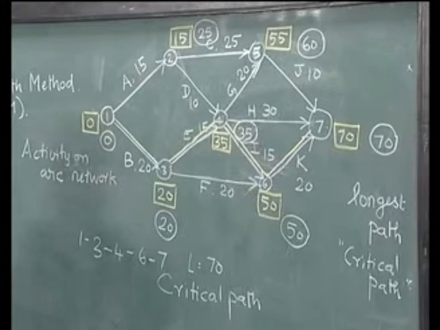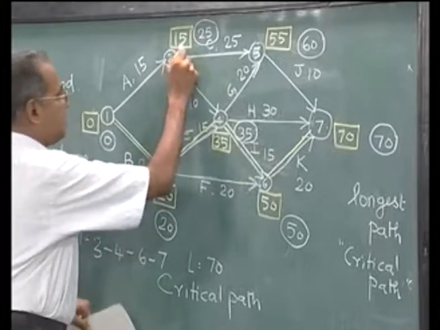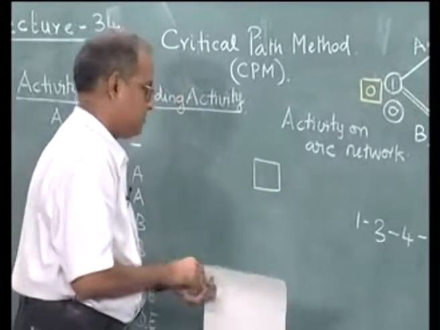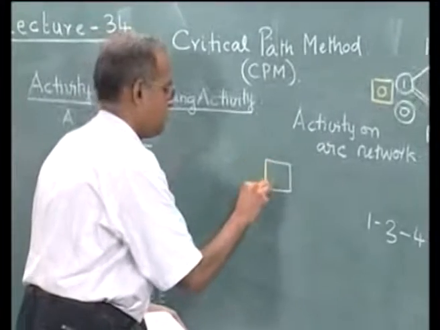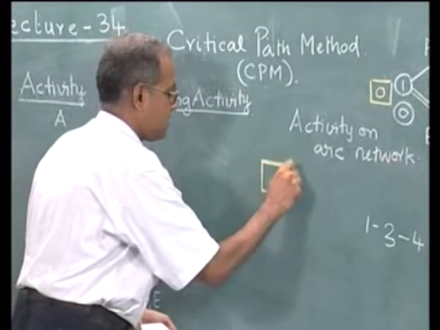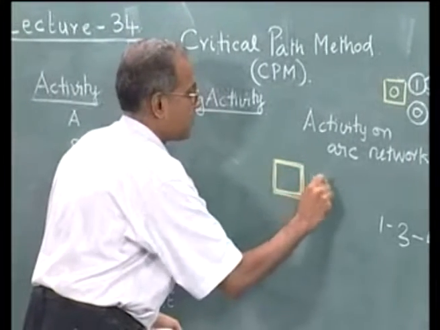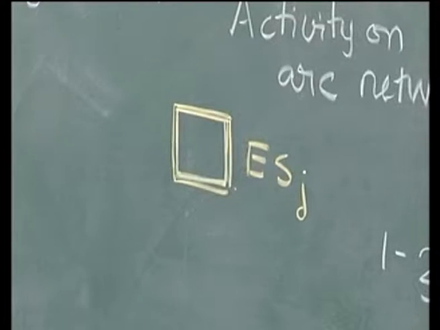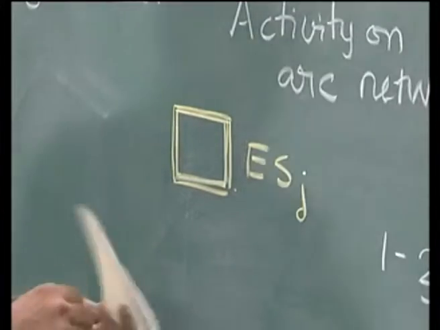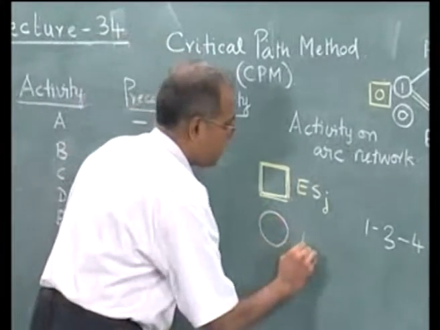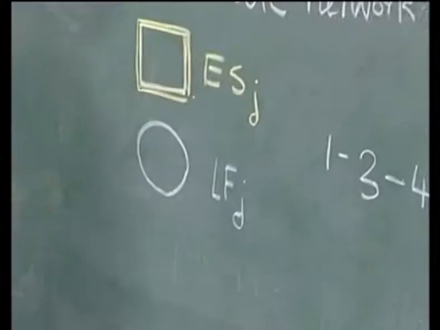We try and define something like this: in the forward pass, the box represents what is called the early start of that particular activity, and whatever is shown in the backward pass represents the late finish of that activity j.